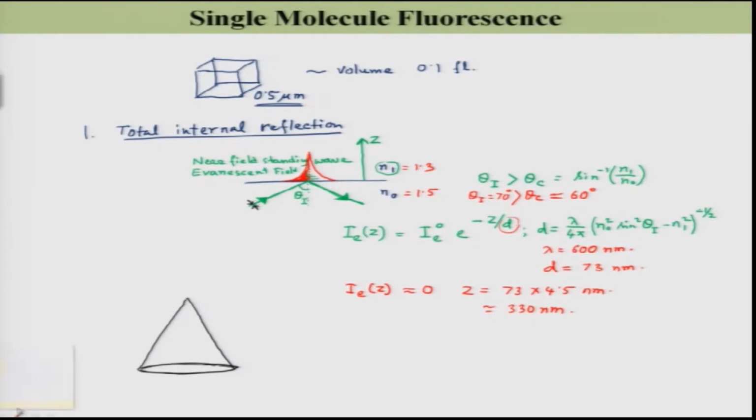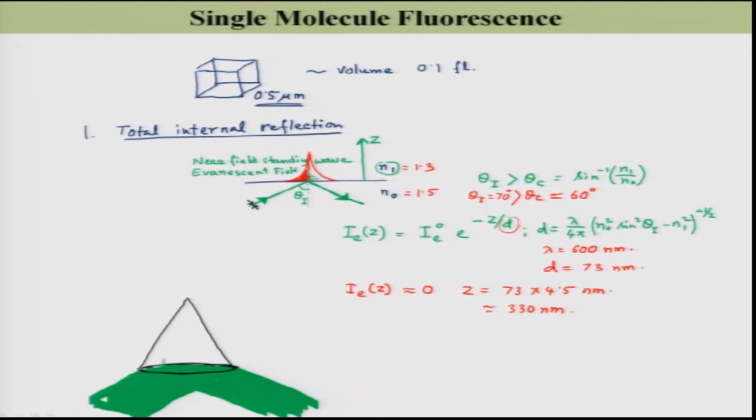So, now the excitation light is actually a laser. This excitation light is coming this way, this is important, let me show you. Here this is incident, and then reflected back this way under total internal reflection.